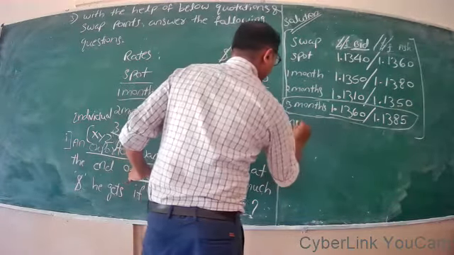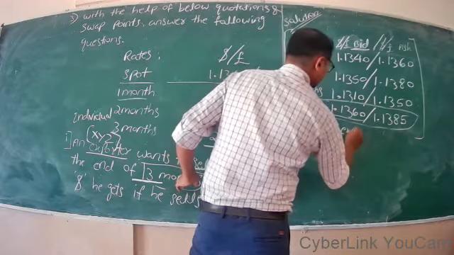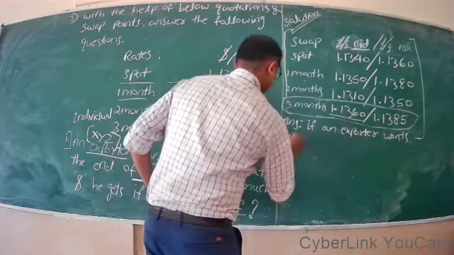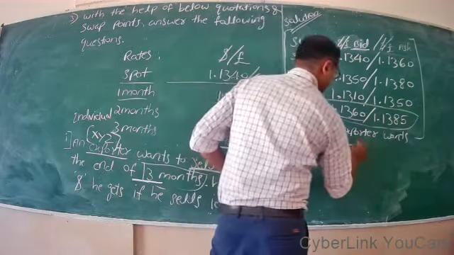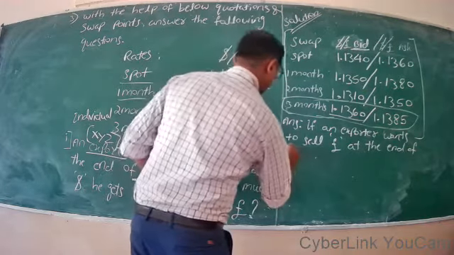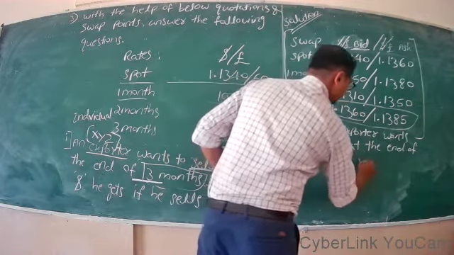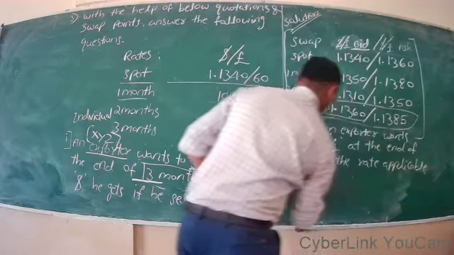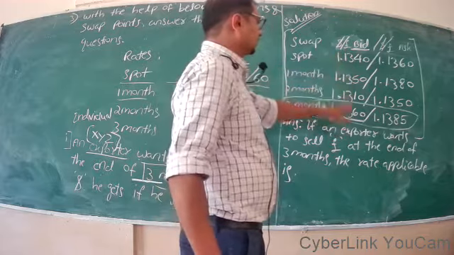So your answer will be, if an exporter wants to sell sterling pound at the end of 3 months, the rate applicable is, after 3 months, the buying price of 1.1360.